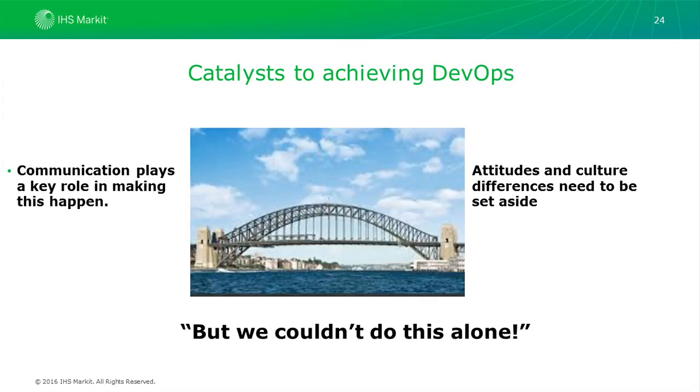So, a catalyst to achieving DevOps: you've got to put your attitudes and your cultures aside. You have to really implement good communication amongst the teams. I think that's a key part of not only gaining that trust, but getting to understand who your customer is and how you're dealing with those customers.